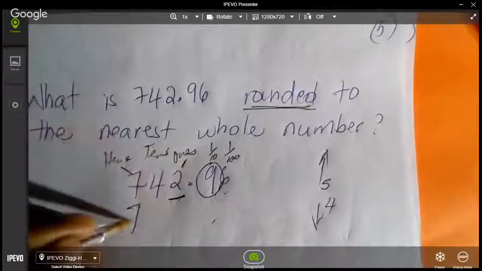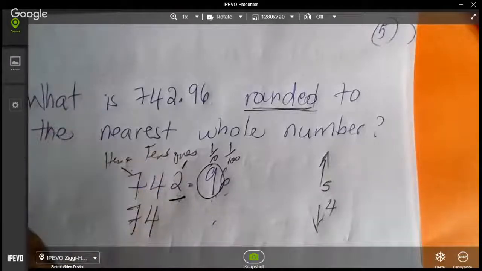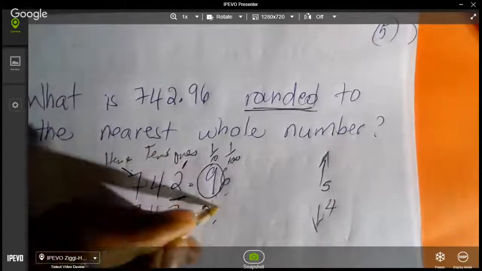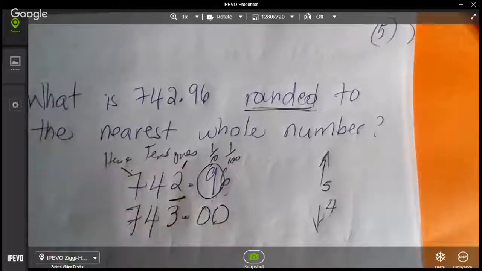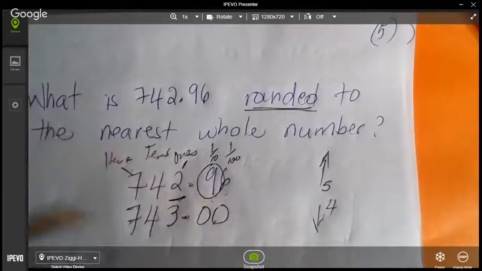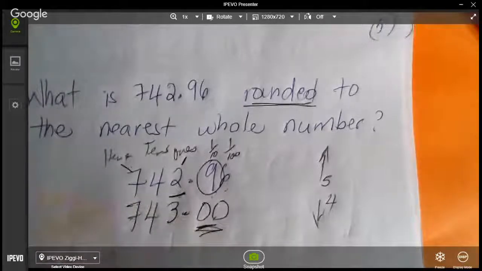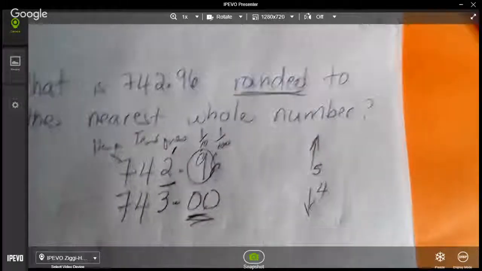So this is 4, 7, 4, and this becomes 3. Then 0, 0. So 742.96 rounded to the nearest whole number would be what? 743.00. But the 0, 0, we don't need them. So 743. Okay.